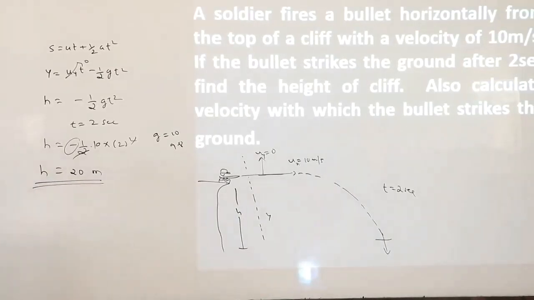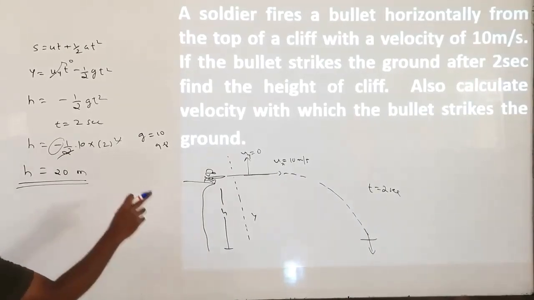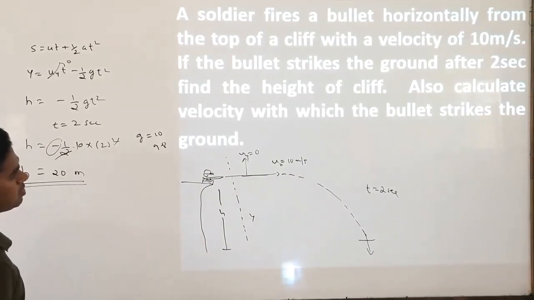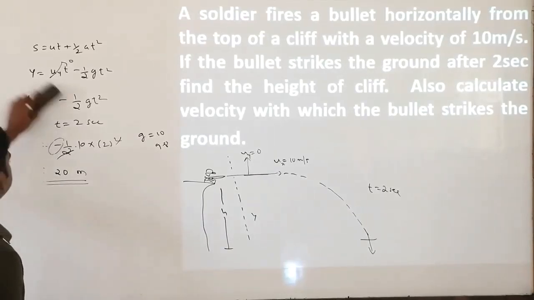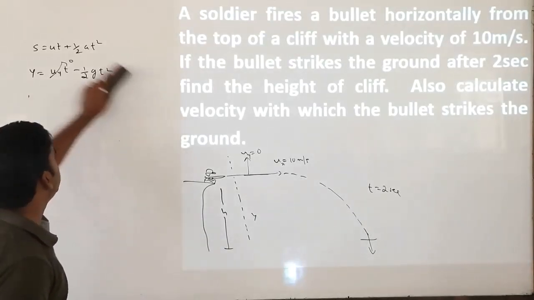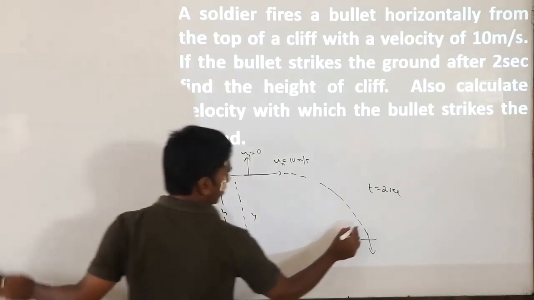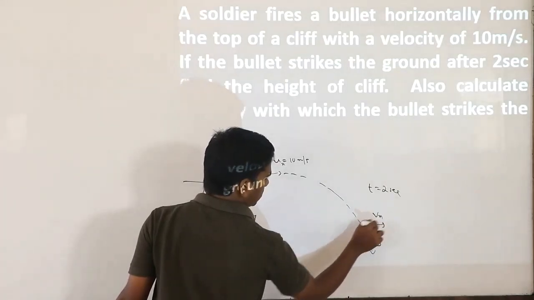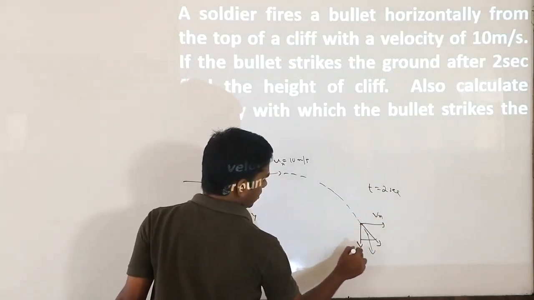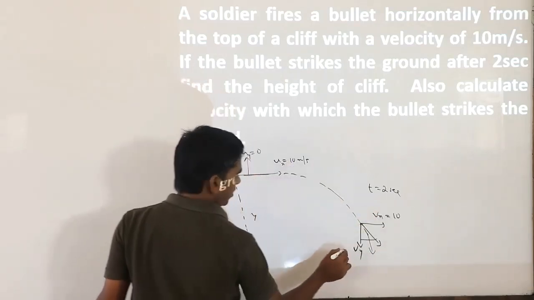Height is 20 meter. Here we have one more sub question, that is the velocity with which the bullet strikes the ground. So we have to find the terminal velocity here. It may be in this direction, this is vx and this is vy. Vx equals ux, 10 only.